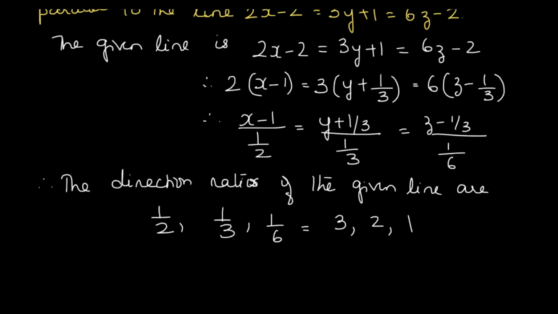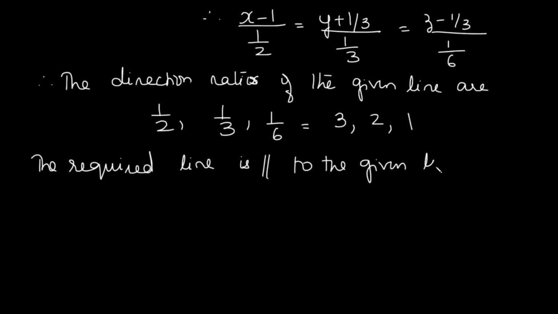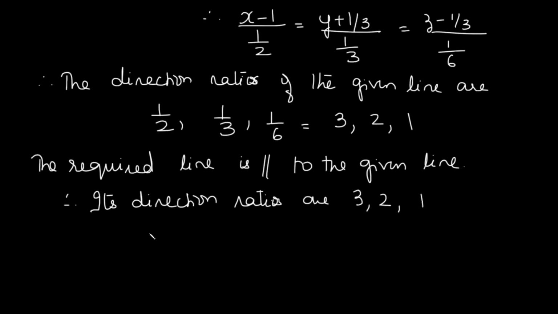Now, the required line is parallel to the given line. Therefore, its direction ratios are 3, 2 and 1.